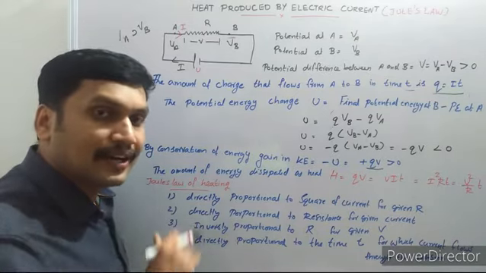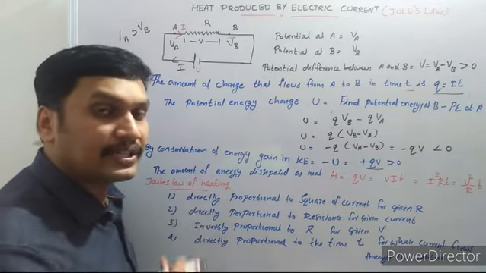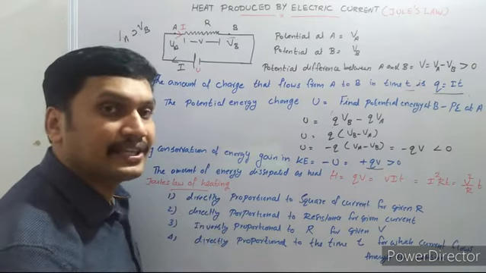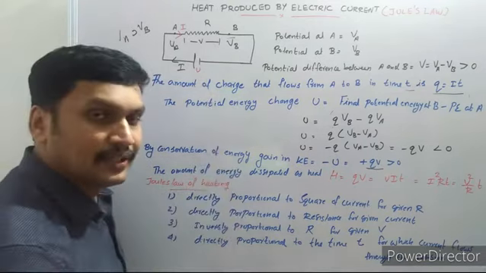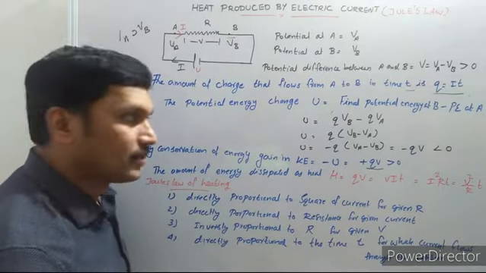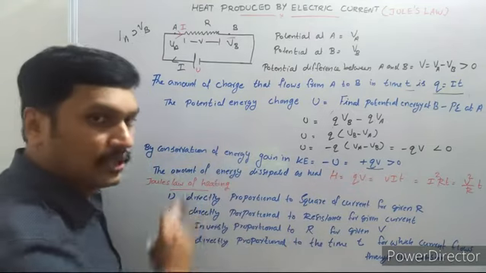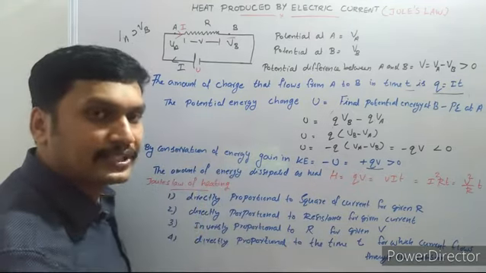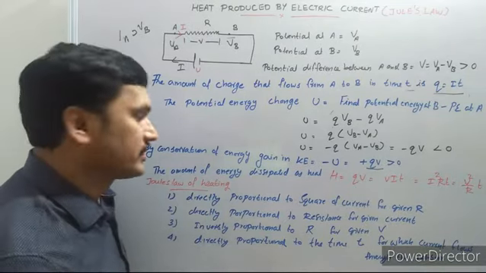When the molecules are vibrating from the fixed position, the amplitude of vibration increases. It produces heat energy. So when current is passing through a conductor, the conductor gets heated. So we can say this kinetic energy is gained by the molecules or fixed ions inside the conductor, and that is converted into heat energy.